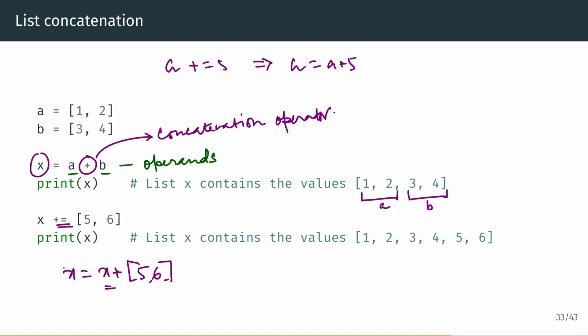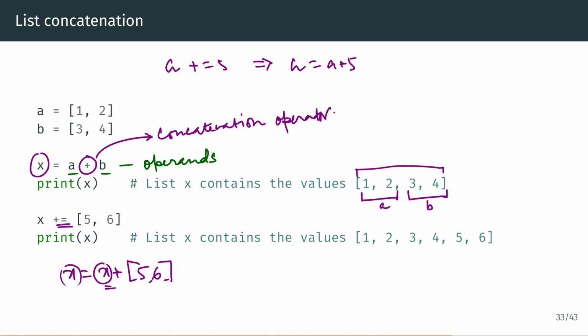So the new value of x would be equal to the old value of x plus 5 6, which means the old elements of x and the elements 5 and 6 appended to that, and then saved in the variable x. Previously x was 1 2 3 4.